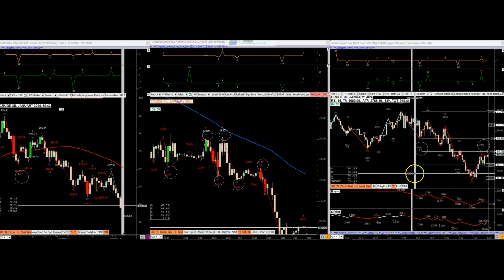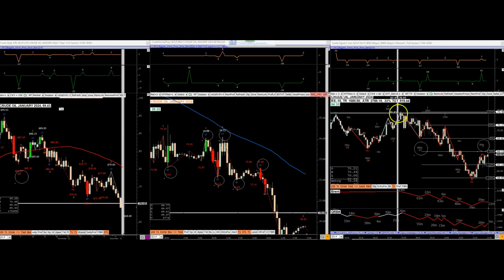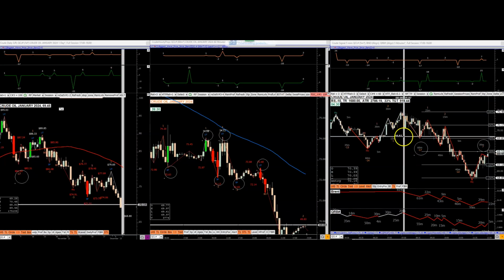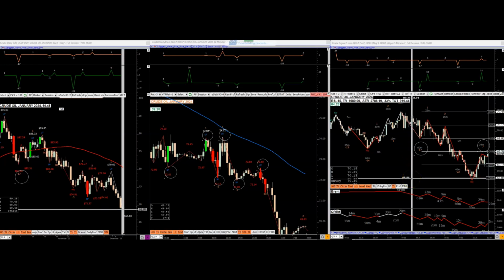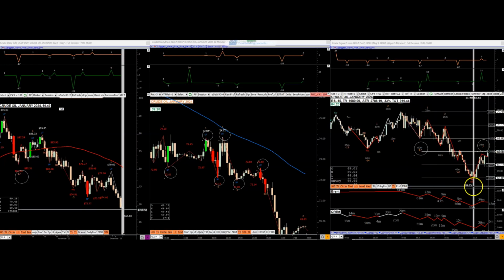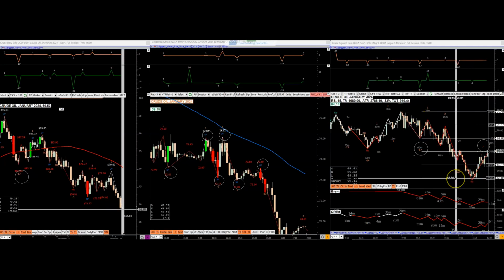I was making a mistake. Anyway, it went to 4R. So 1, 2, 3. Basically a 4R move. It's not bad, right? I thought it was 5. I thought it was less than that, but yeah. It's not a bad move.